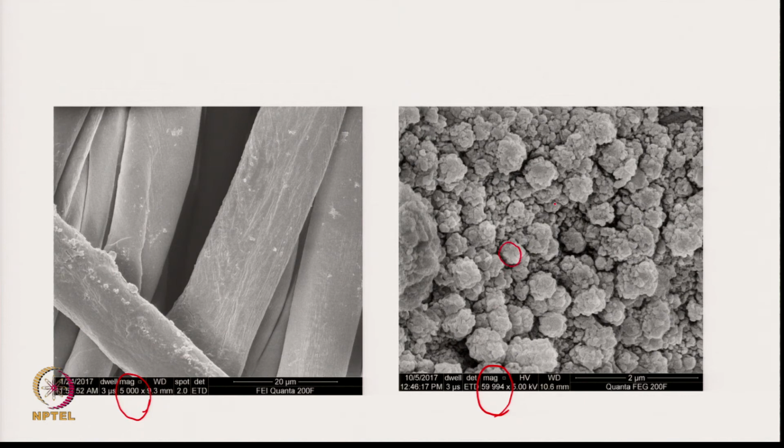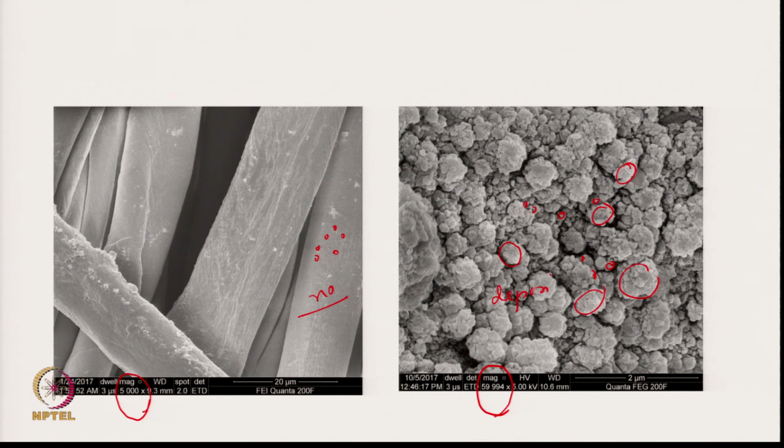These nanoparticles are very small, and large chunks are also there. So, we know what kind of morphology it has created, and all these particles are deposited on this cotton. This one is without deposition, and here there is a deposition.